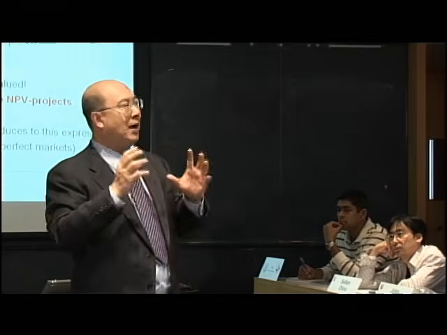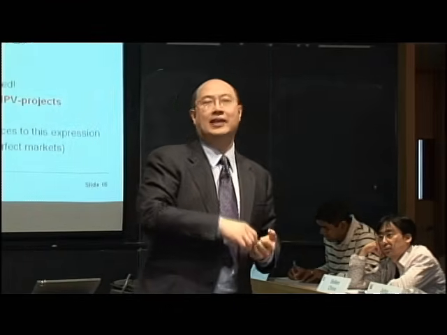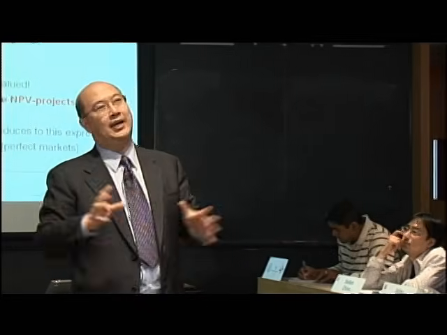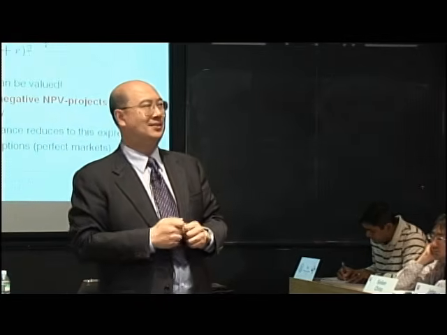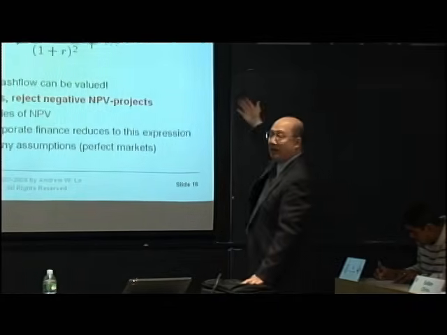And for things that are positive NPV, you want them, you want to take them. For things that are negative NPV, you don't want them, you don't take them, or if you can, you sell them. All right?